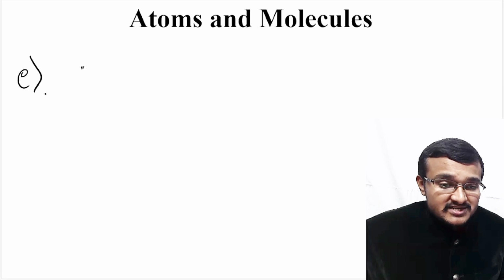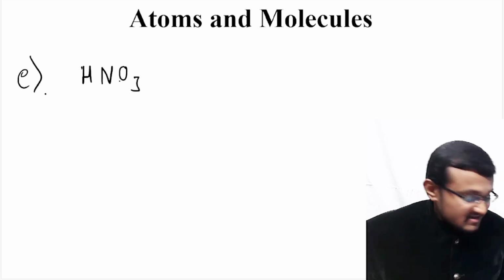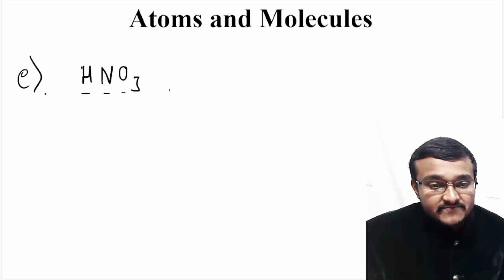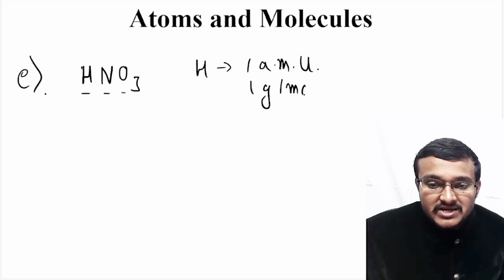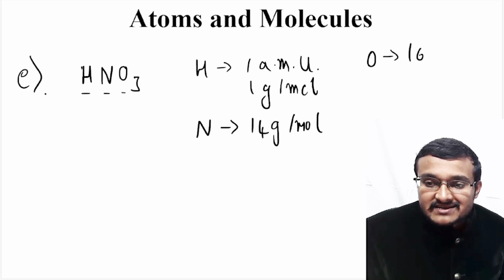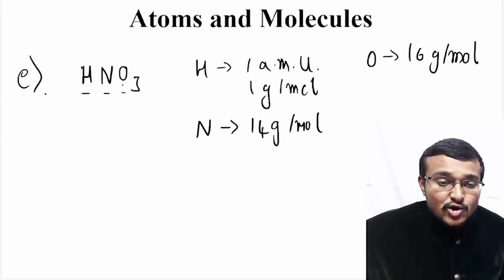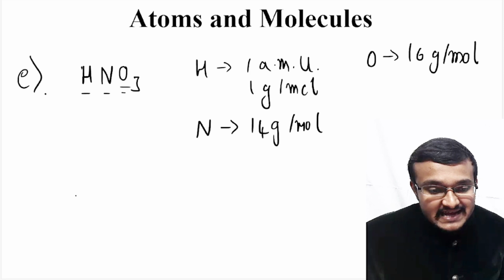Coming to the E question in this sixth question, there they have given the HNO3 molecule. This is known as nitric acid. Here you have one hydrogen atom, one nitrogen atom, and 3 oxygen atoms. The atomic mass unit of hydrogen is 1 AMU, or if you write this in molar mass, then it will be 1 gram per mole. Similarly for nitrogen it is 14 gram per mole, and for oxygen it is 16 gram per mole. Now you can add all these, but for oxygen you can see 3 atoms are there, so you should multiply 16 with 3 as well.